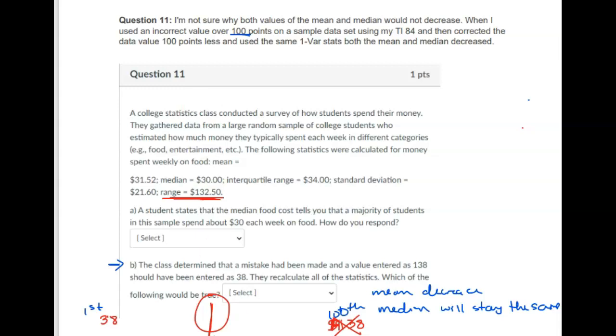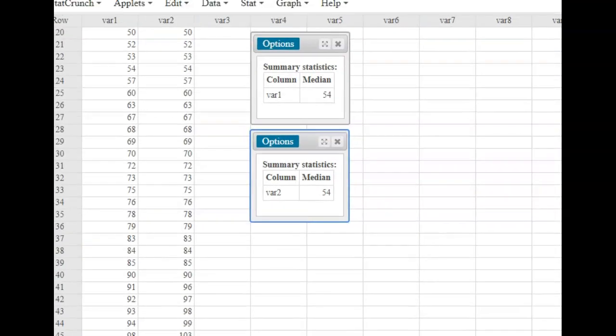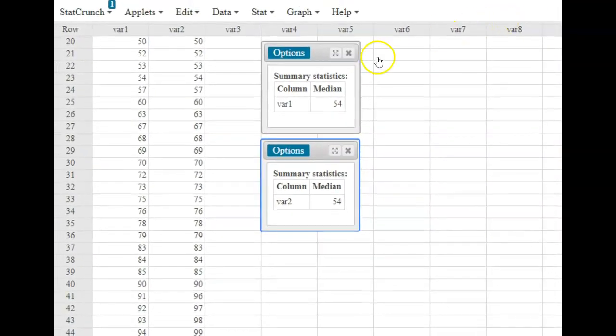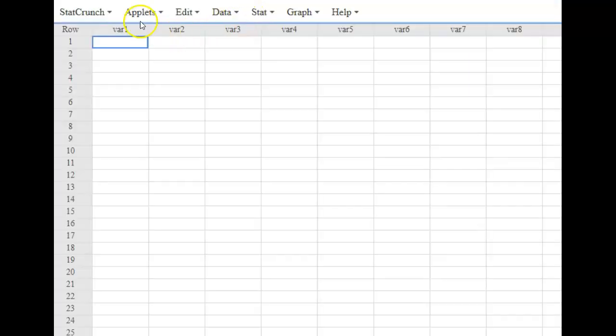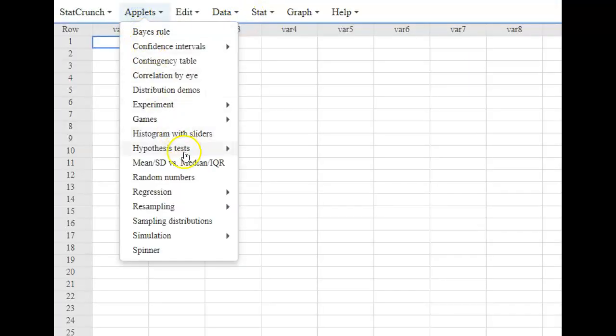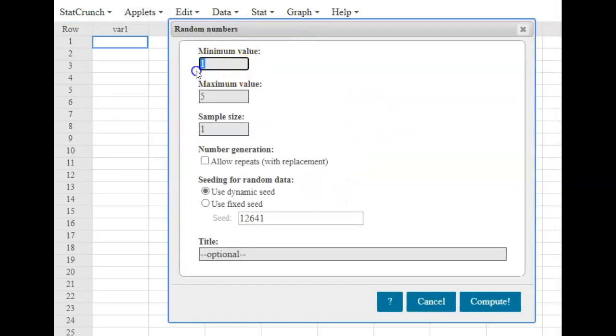Okay, so let's look again at StatCrunch. I will generate 100 values just like you did. So let me get a new data table. I'm going to do random numbers.